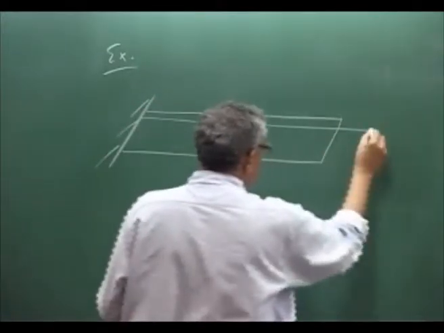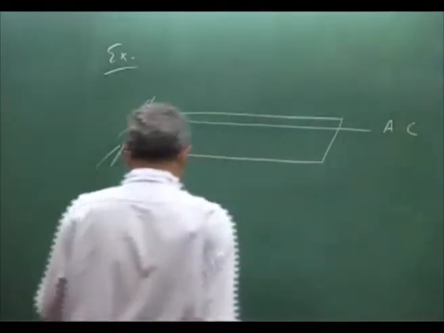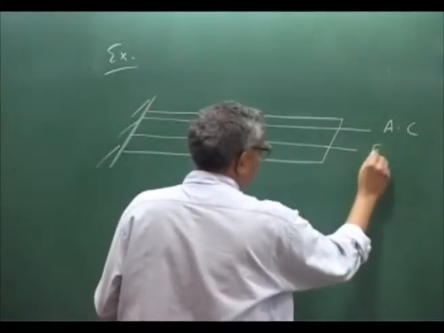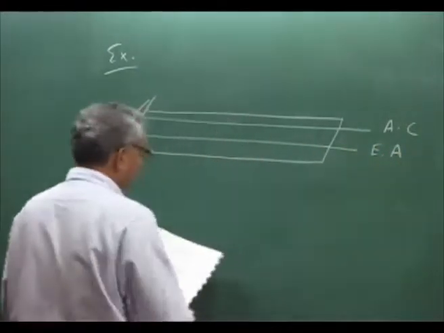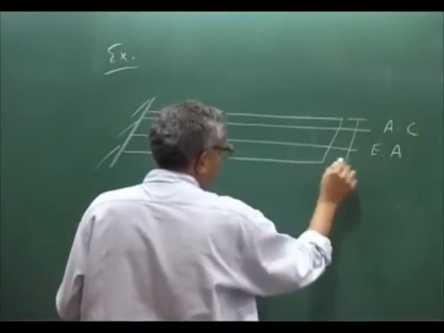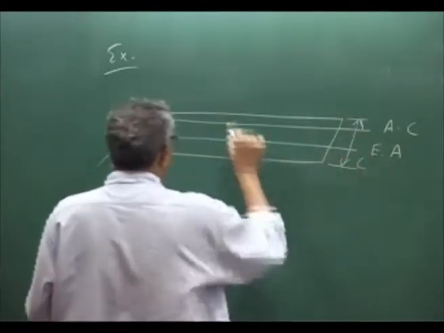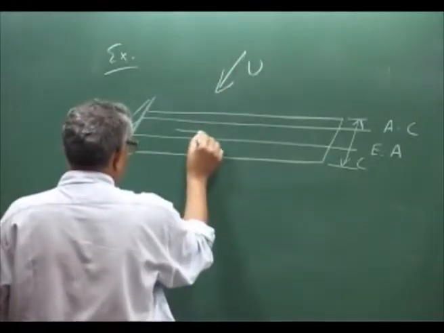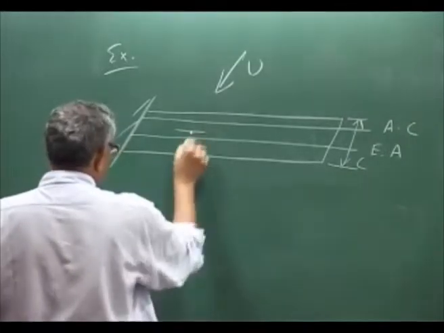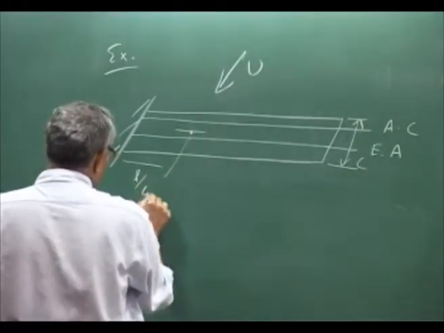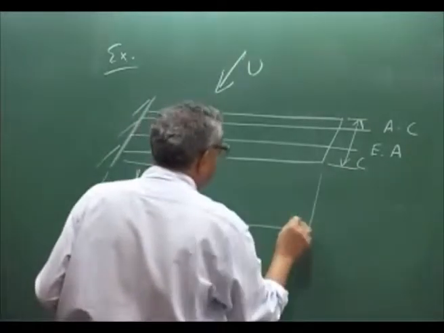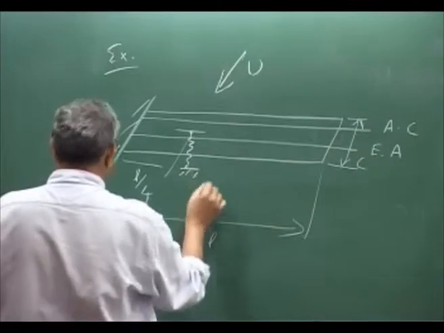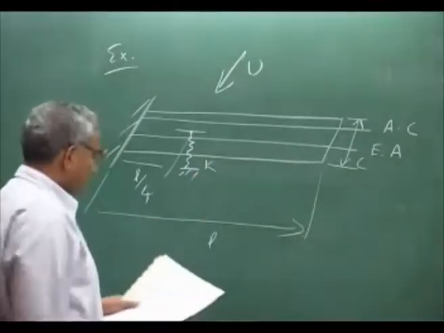And this is the aerodynamic center, and this is the elastic axis, and the chord is C. It's a straight wing, and we put at a particular point L/4 a spring.